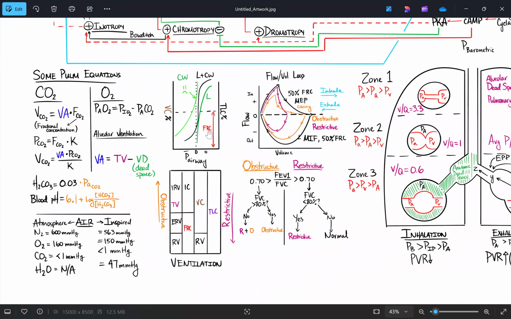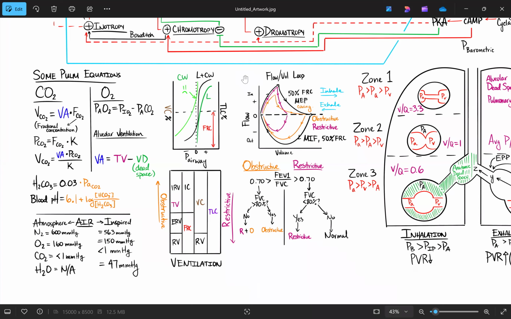Next is just that loop there. So you have your TLC and vital capacity on the y-axis, and this is just showing the relationship of pressure and how much air you have in your lungs. When you go up in pressure, when you inhale, CW means chest wall, L means lung, and L plus chest wall is the pressure of both.